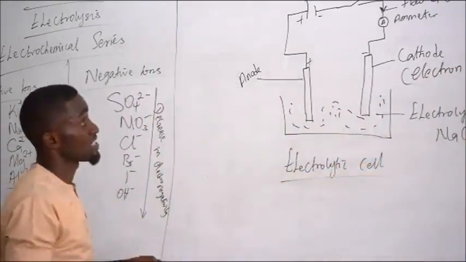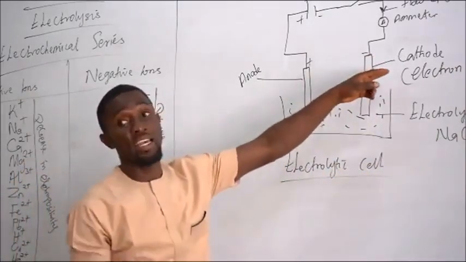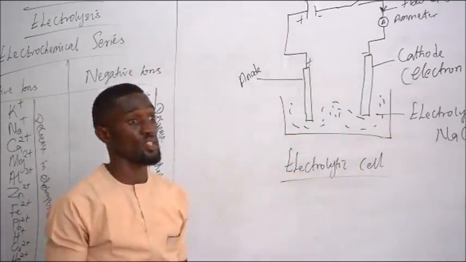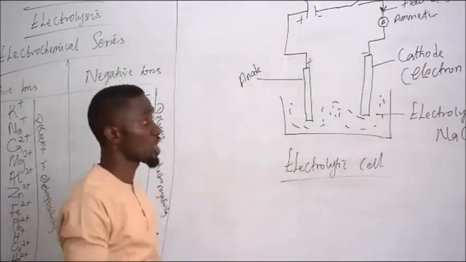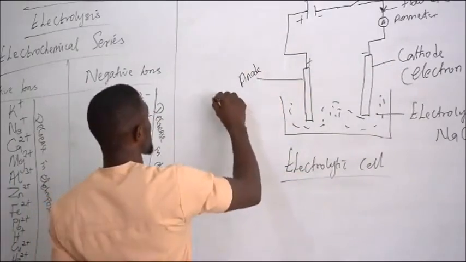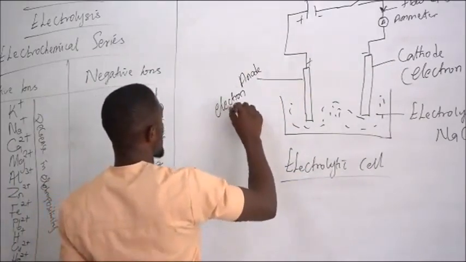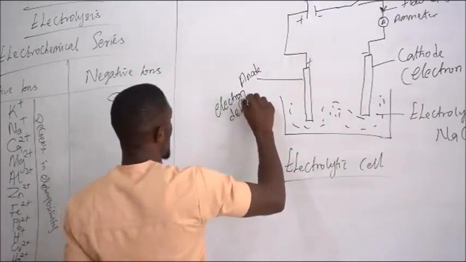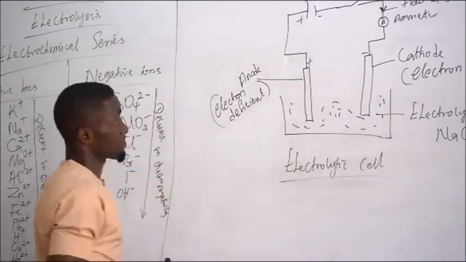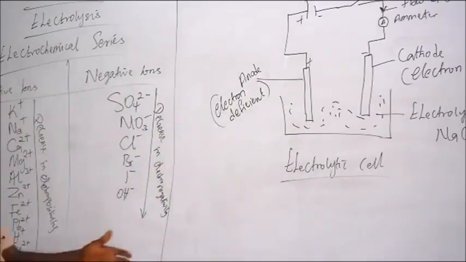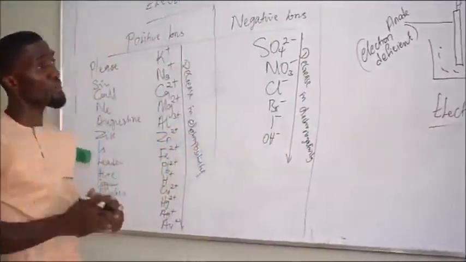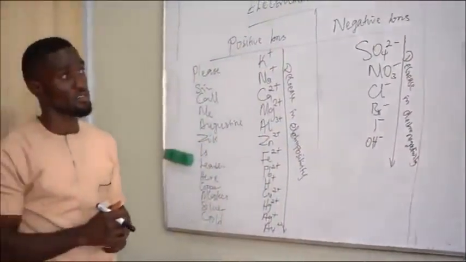The cathode will be highly electronegative, leading to electron excess, or electron rich, or surplus, while the anode itself becomes electron deficient. Okay, so this is all about the electrolytic cell. Now let's go back to electrolysis.